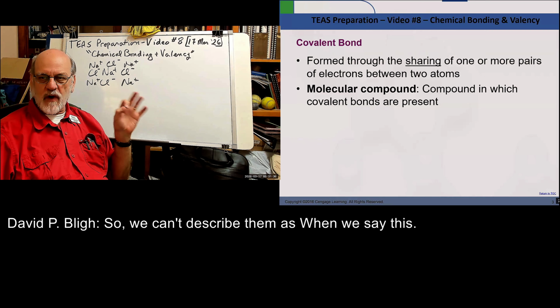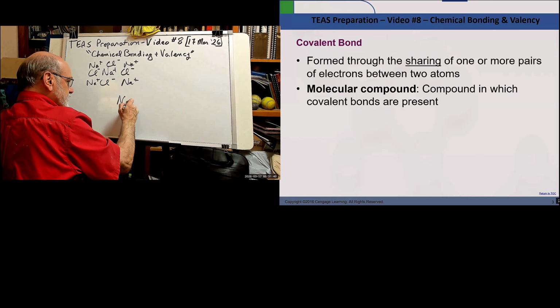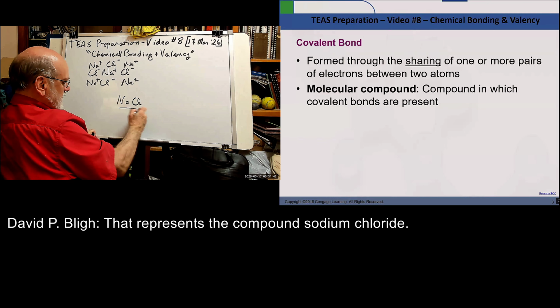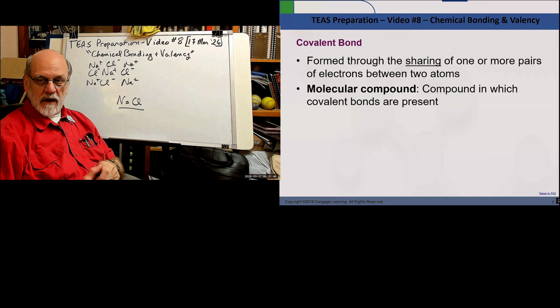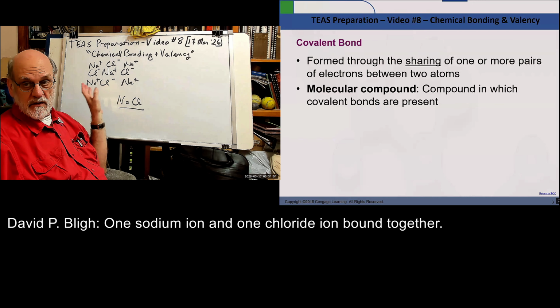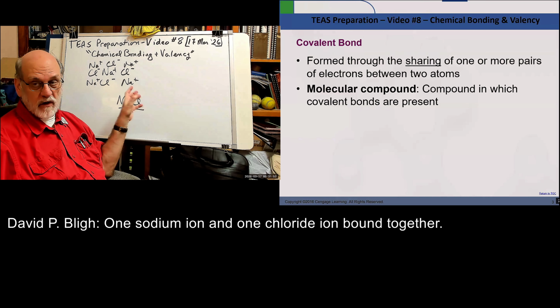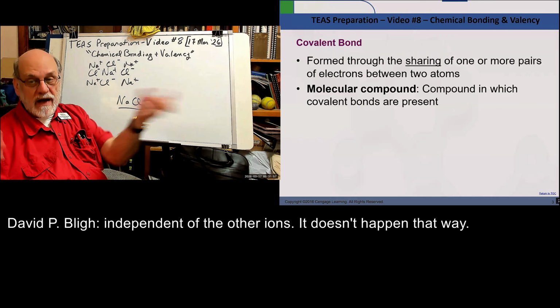So when we say this, that represents the compound sodium chloride. We have to recognize that it's not just one sodium ion and one chloride ion bound together, independent of the other ions.